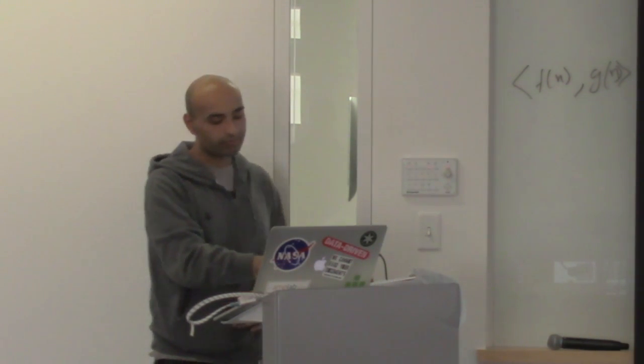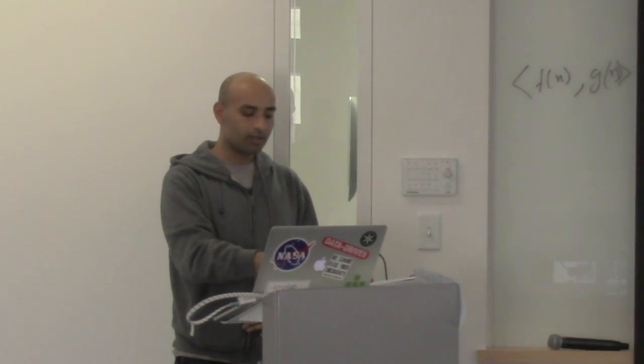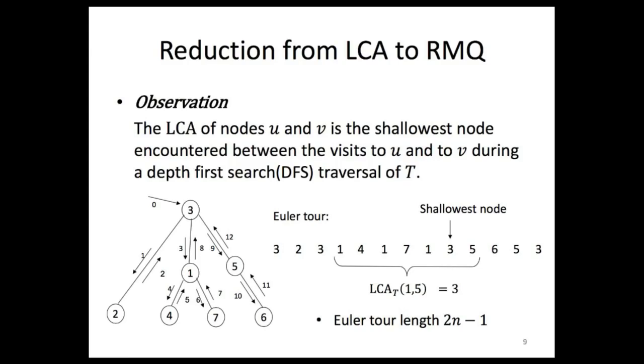So if I was to ask you the LCA for 2 and 6, you would visit 1 multiple times, but you would visit it at least once, because if you weren't, then it would break the definition of DFS.